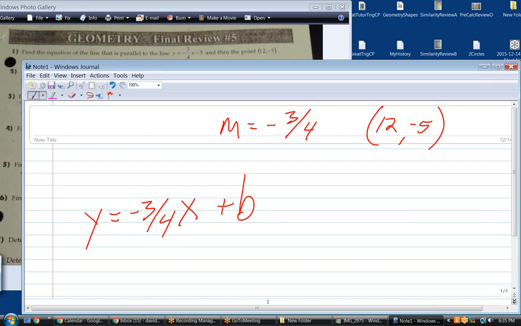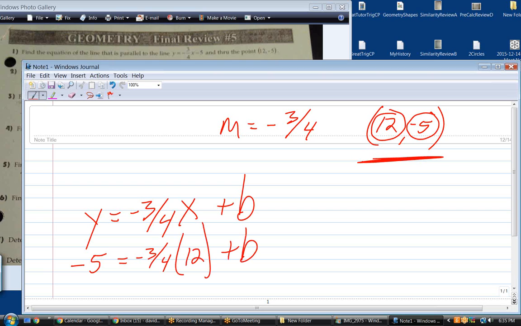This line that I'm talking about goes through that point. What does that mean? That means when x is 12, y is minus 5. So I'm going to plug in the y value, minus 5, and the x value, 12.